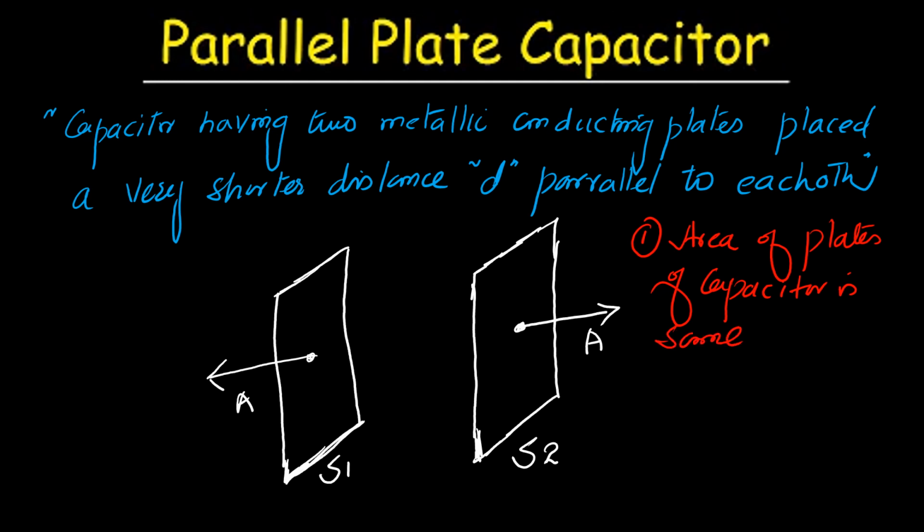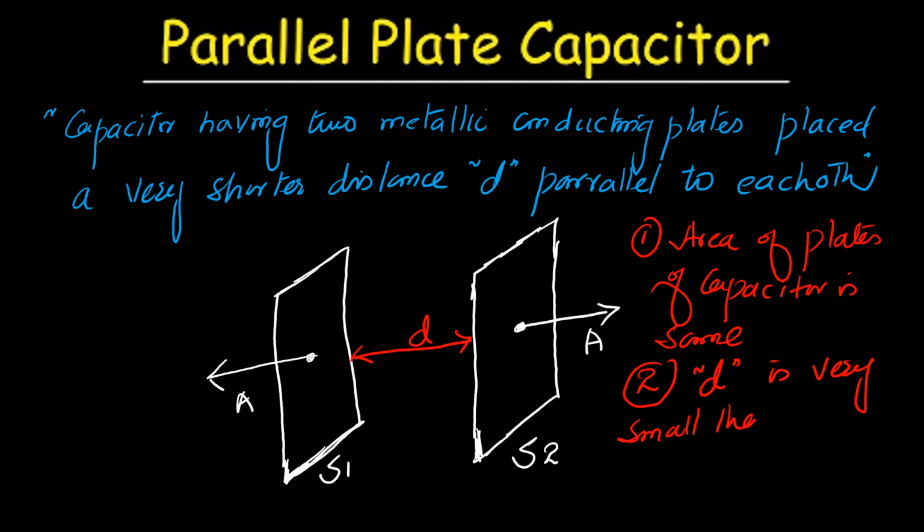And the second property is that the spacing or distance between the plates, which we represent here with d, is very small compared to the area of the plates.